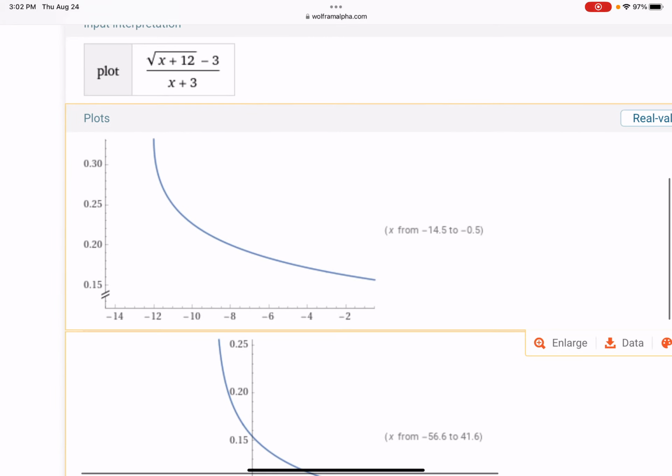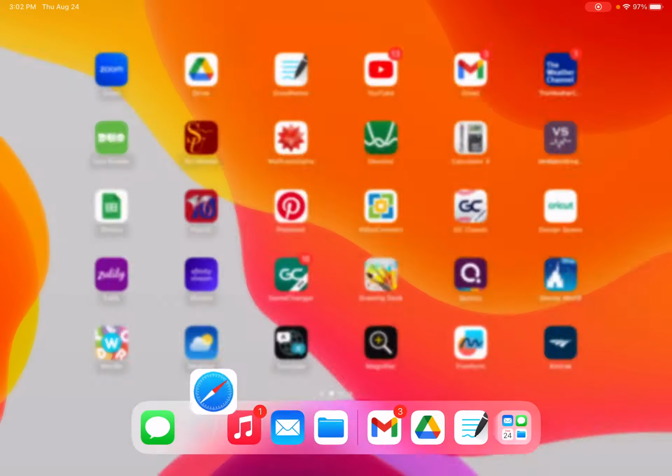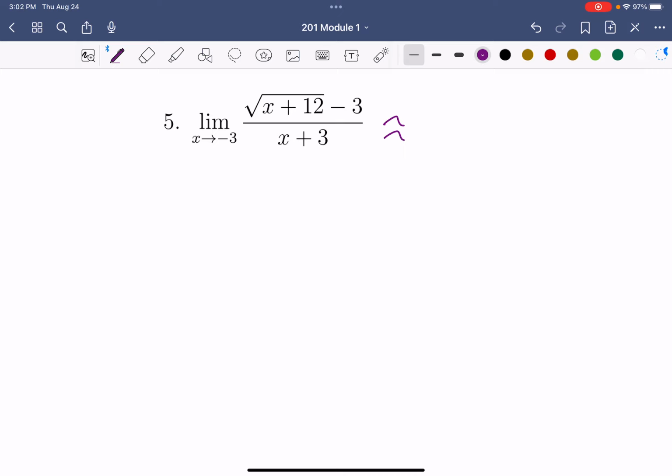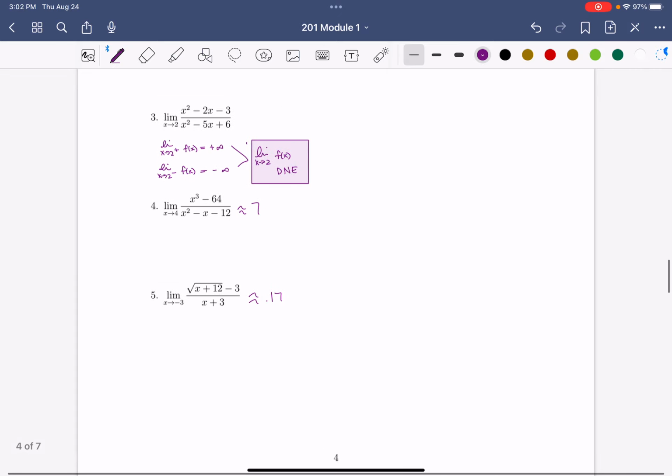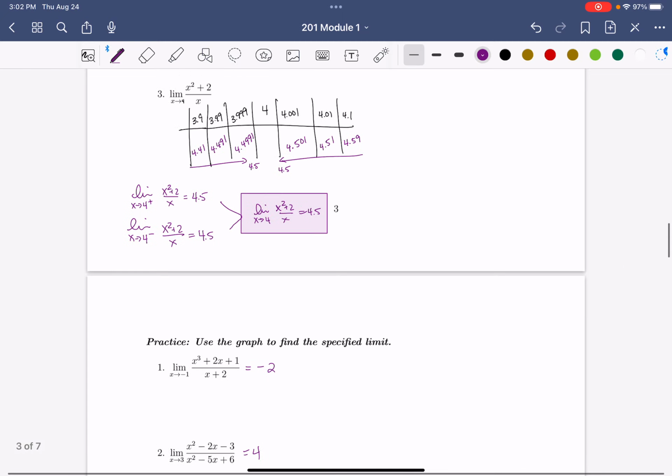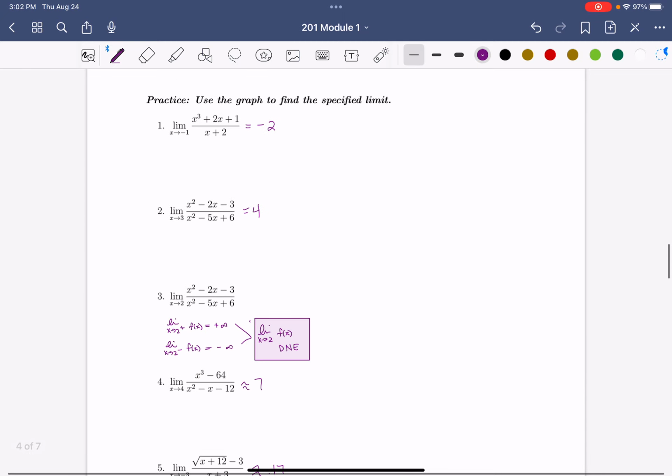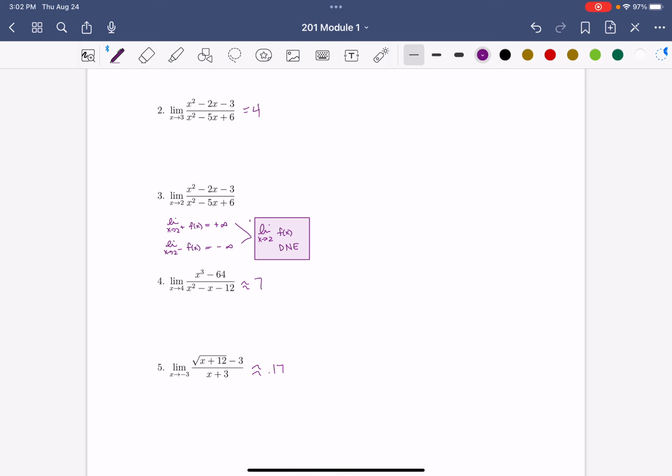And you can see that this one looks a little bit different. And at negative 3, which is over here, we get something that looks like, oh, I don't know, 0.17 maybe? So approximately 0.17. Okay, so we can use the graph there as well. Okay, so from here, we're going to head over to the guided practice and let you practice a few of these, and then we'll go from there.